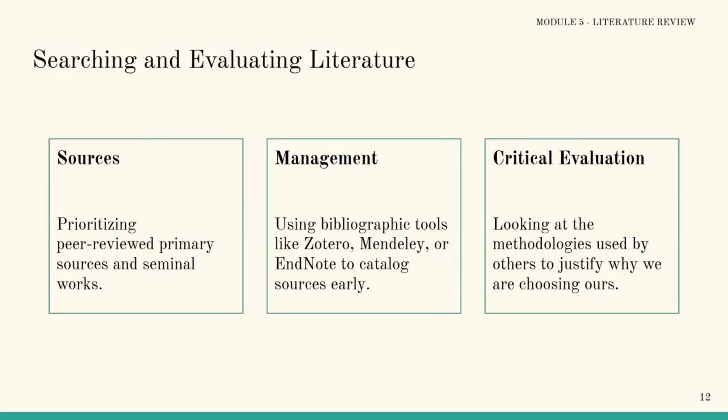Identifying good sources is important. And management is also important. We need to use bibliographic tools like Zotero, Mendeley or EndNote to catalog sources early, from the beginning of the research, because later it could be very messy to find the right literature.